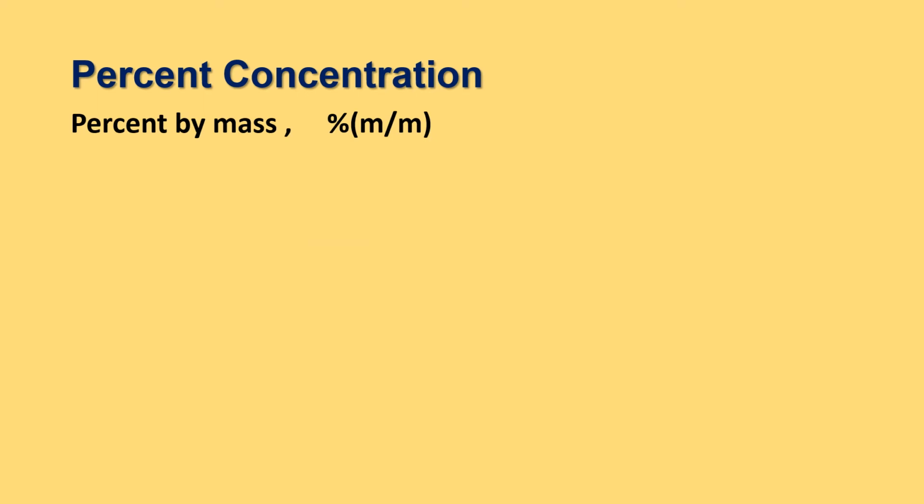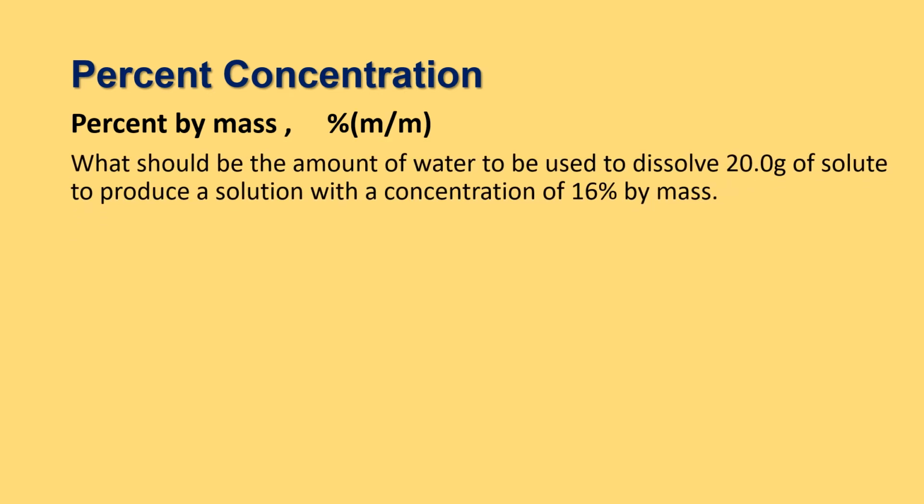Let us solve another problem involving percent by mass. What should be the amount of water to be used to dissolve 20 grams of solute to produce a solution with a concentration of 16% by mass? In this problem, we are asked to determine the amount of water, our solvent.